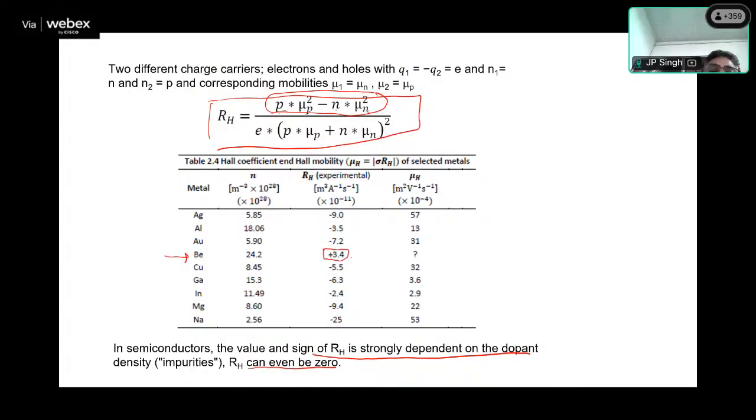But in the case of beryllium or cadmium, there are some metals for which we get a positive Hall coefficient, and that is because their Fermi surface is very different. That depends on the Fermi surface, and their band structure is such that the carriers are actually considered to be holes. Still, they are metals.